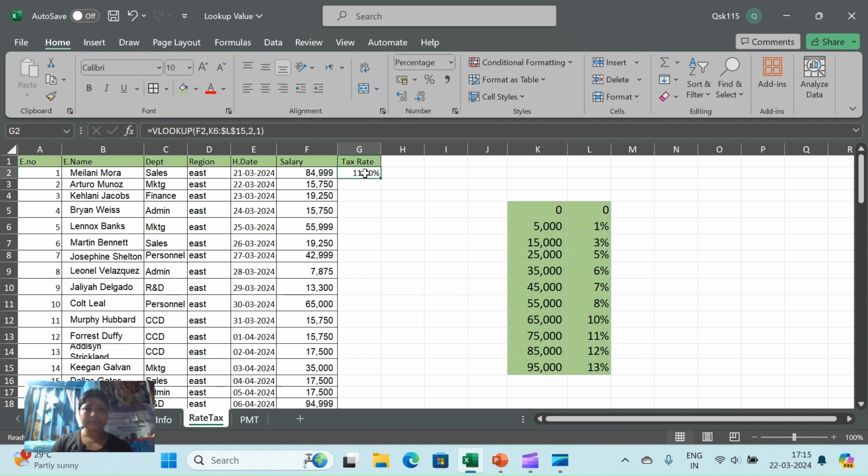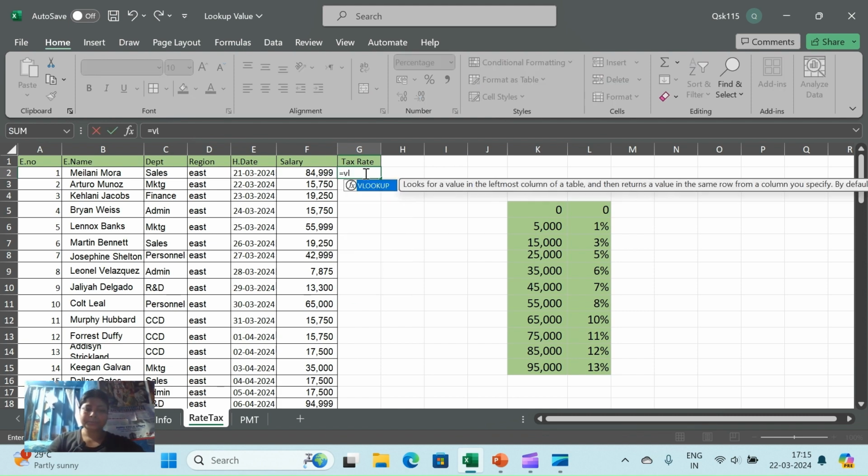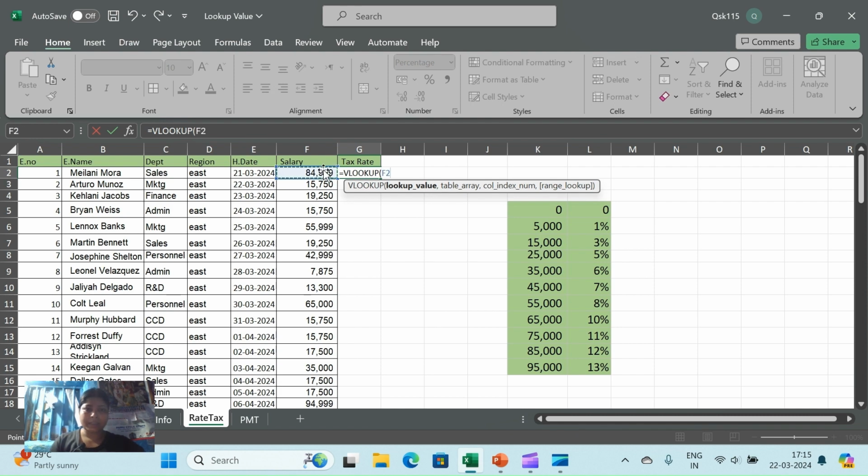Okay, so let's understand how to do it manually, meaning as per our formula. Suppose you know your formula, the VLOOKUP formula. Okay, so let's apply it manually: equals VLOOKUP, tab, lookup value would be this.